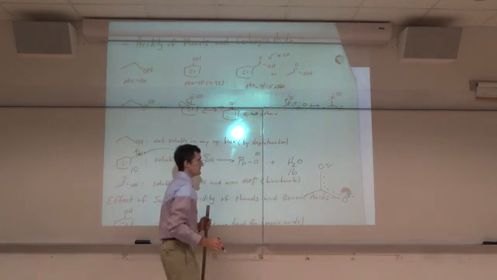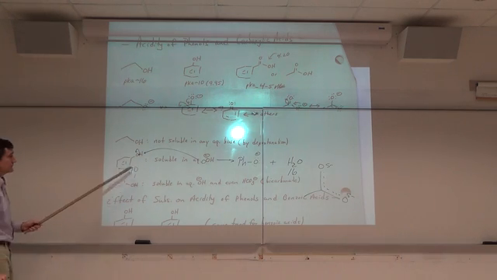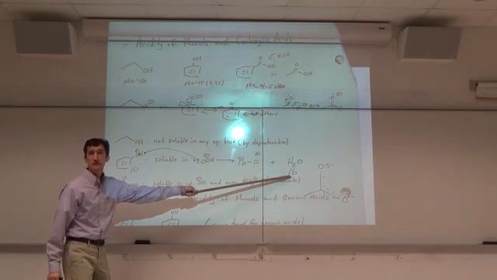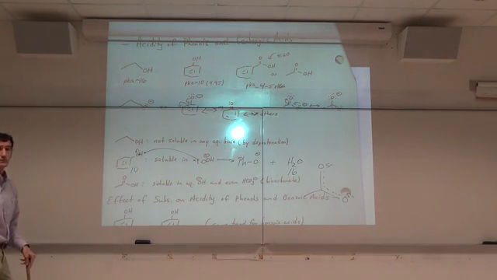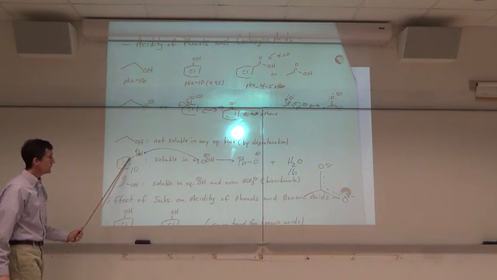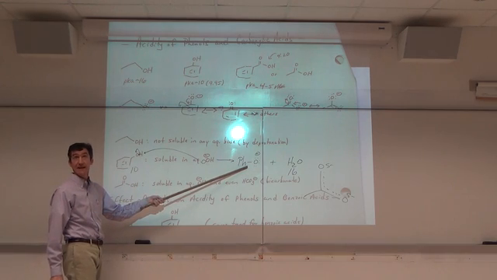Which side's favored? The weaker acid, which is which side? 16. This side's favored by how much? 10 to the 6. That's what, 1 million. So at equilibrium, you have 1 million of these and only 1 of these. It's pretty much done. I mean, it's 99.99% done.